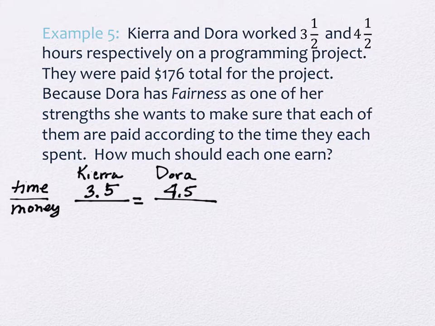The problem is we don't know what either of them should be paid, right? So how do we deal with that? Well, we know what they should be paid combined, right? Combined, they should make 176. Agreed? So I could let Kierra make some unknown value, X. And if I paid Kierra X, how much would I pay Dora?